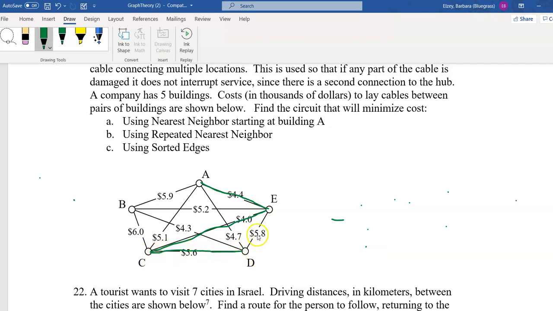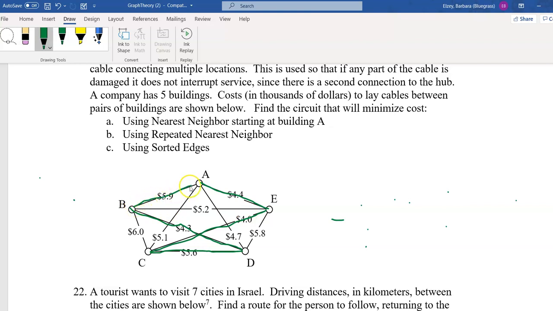All right, now we've got 5.8, 4.7, 4.3. 4.3 is the nearest, or the smallest. So let's go there. And now from B, we have 6.0, 5.2, and 5.9. We can't choose 5.2 because that would make 3 edges coming out of E. So we need to choose 5.9.